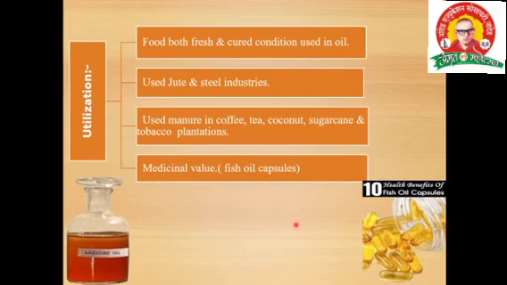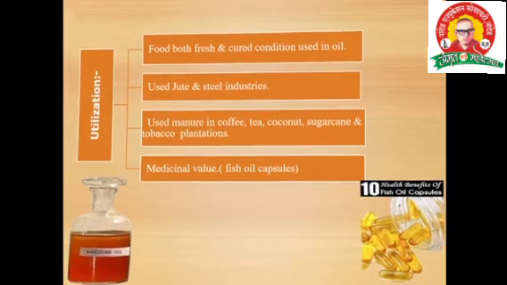The important thing about the oil sardine is the medicinal value. A person suffering from attack, a person suffering from skin diseases, a person suffering from eye disease. Very valuable oil, the oil sardine or its oil product is very important for that person. It means that it has a very high medicinal value.